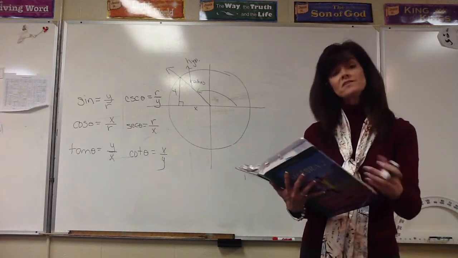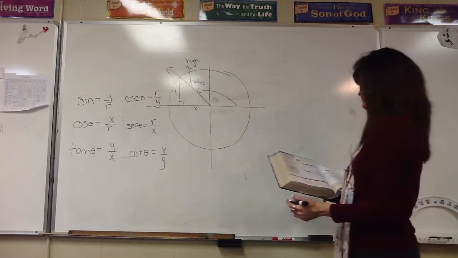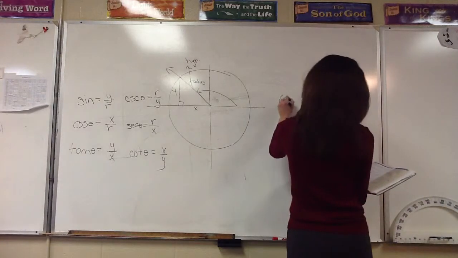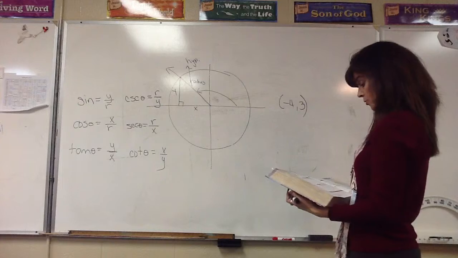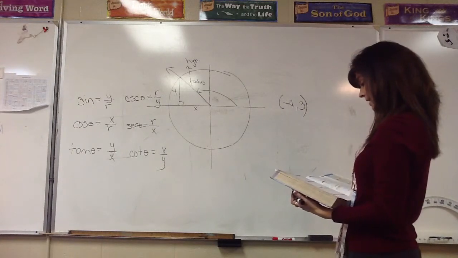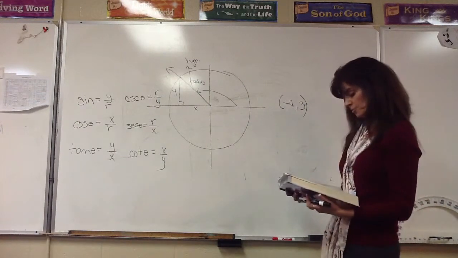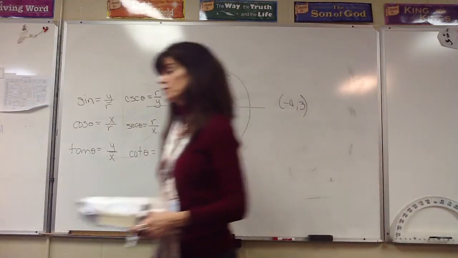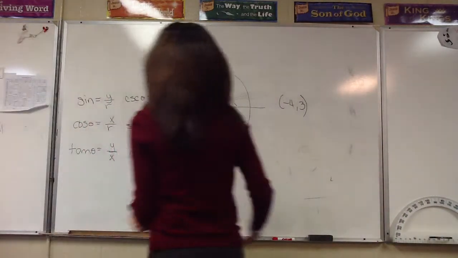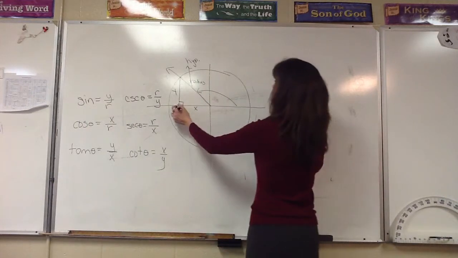So now let's take a look at how to solve these. In example 1, we have -4 and 3. We want it to be a point on the terminal side, and our angle is in standard position. So we want to evaluate our 6 trigonometric functions. So here we see we're at -4 on the x-axis.